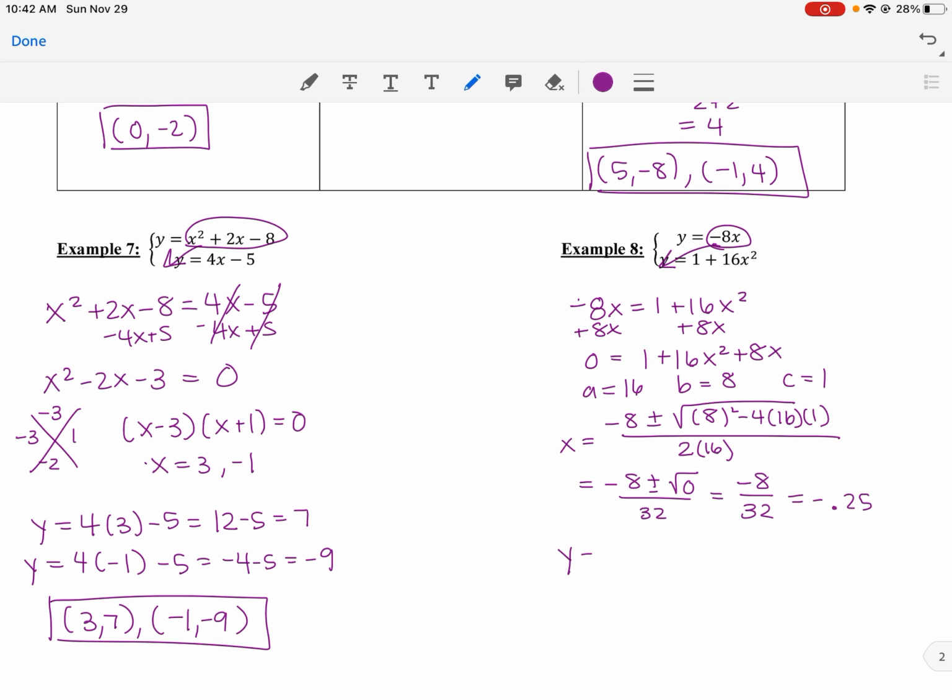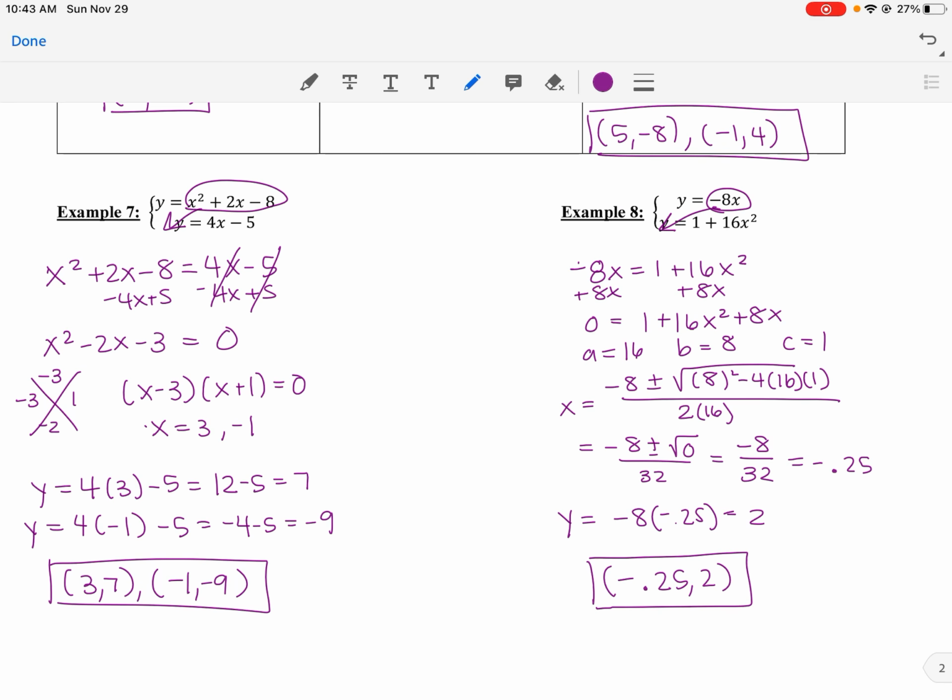And then y equals negative 8 times negative 0.25, and we end up with just 2. So there's only one solution here. It only crosses at one point, and it's (negative 0.25, 2). So this is one of those where graphing may not be as accurate, because you may not be able to tell exactly where it crosses since it's at a decimal or a fraction, but it does cross at that one point.